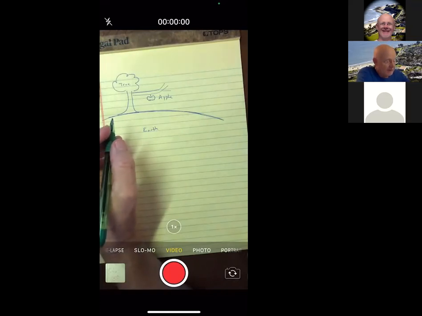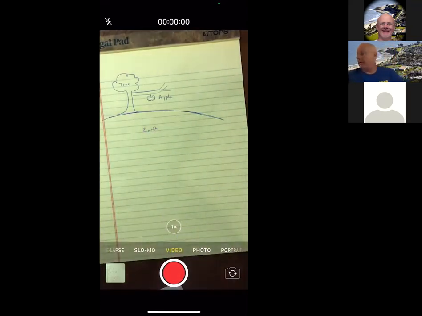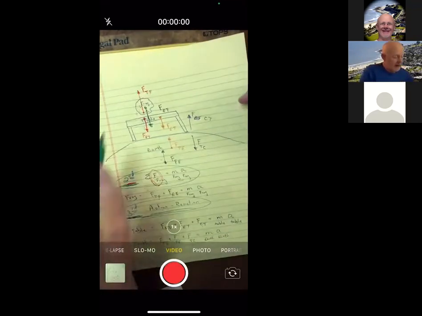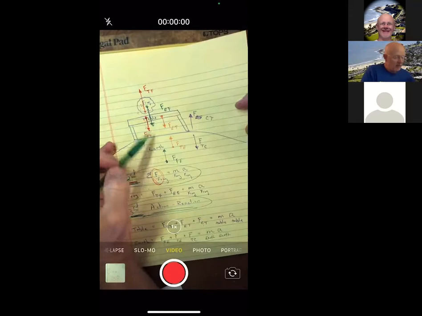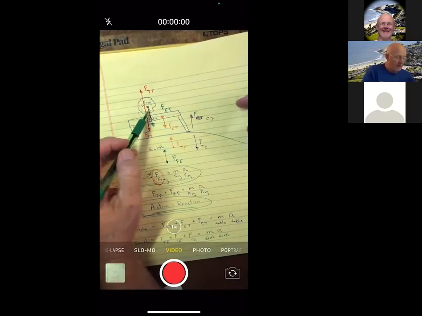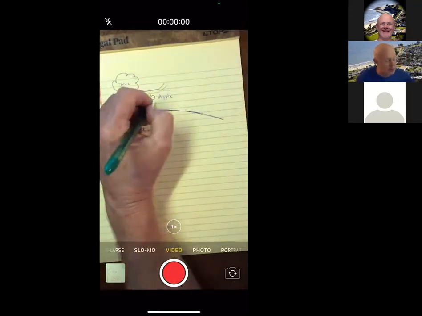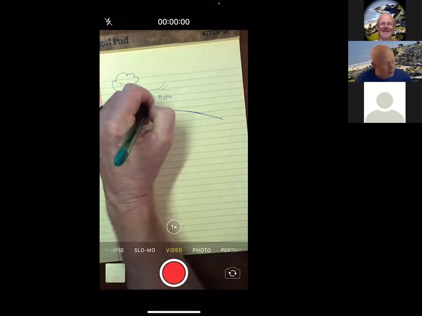I'll try to do the same color coding that I did back here. I talked about the earth pulling down on the frog in green, so I'm going to do the same thing. The earth pulls down on the apple. That's called its weight.